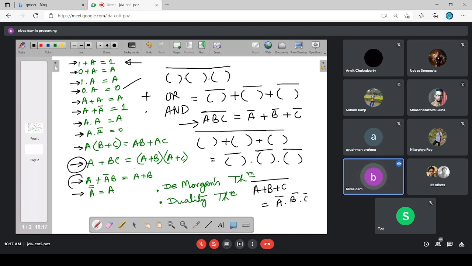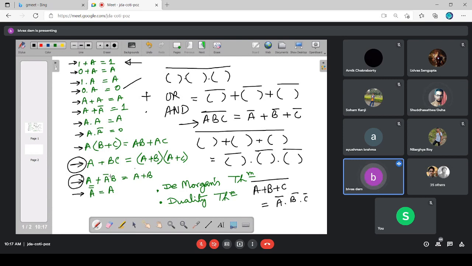This one also may not be that clear at the very beginning. But what about this one? A double bar is equal to A. Yes, double complement. So apart from A plus BC and A plus A bar B, others should be clear.